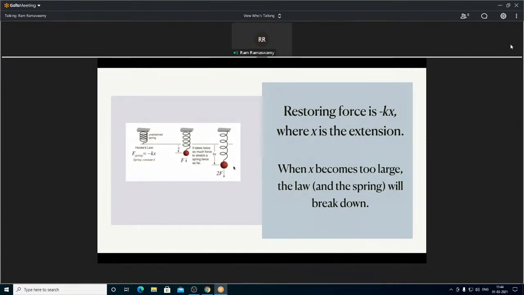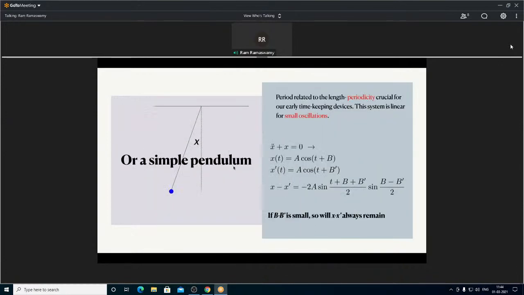You can't pull the spring out indefinitely. If you pull the spring until it breaks, there is no restoration. The spring will break, and the law is also broken. So the point is this: if you want a very simple, linear, pretty looking law, you are going to be extremely restricted in the regime where it applies.